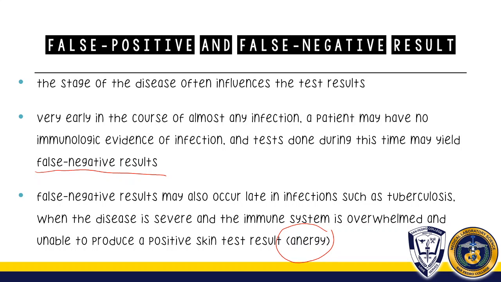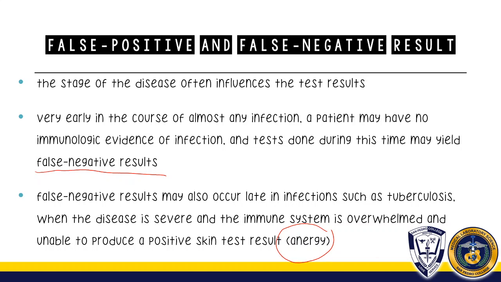Always remember your word parts: when a word starts with a or an, it means without. Since the immune system response is inadequate, there may be cases where the tests cannot detect the disease, and it keeps falling into false negative results.